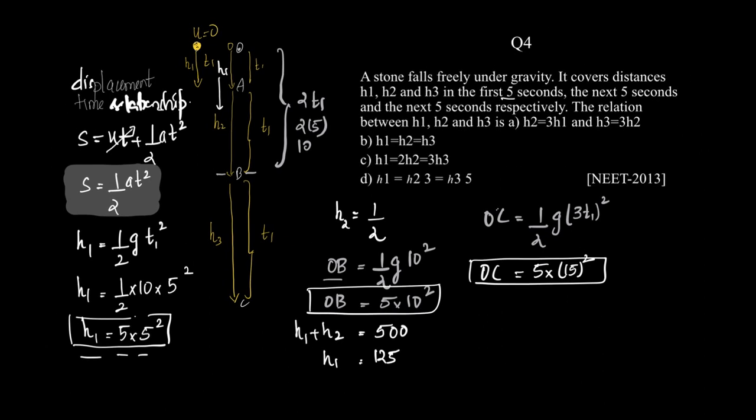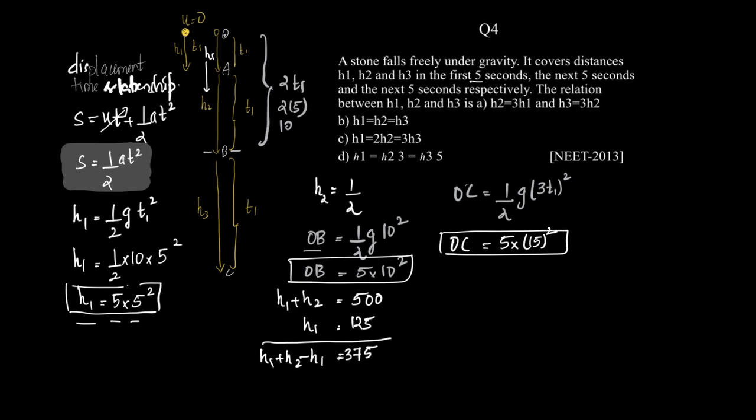If you subtract these two equations, H1 plus H2 minus H1 is equal to 500 minus 125, which is 375. So H2 is equal to 375, and H1 is equal to 125.